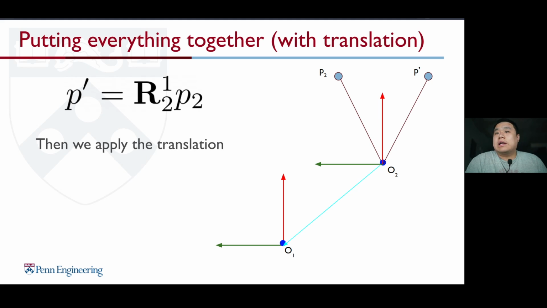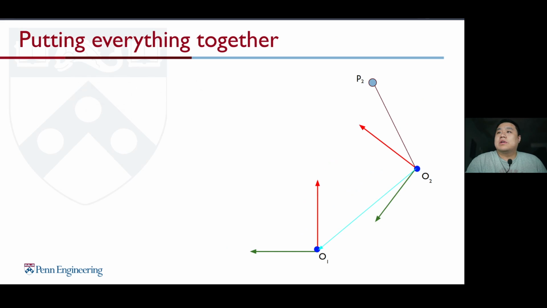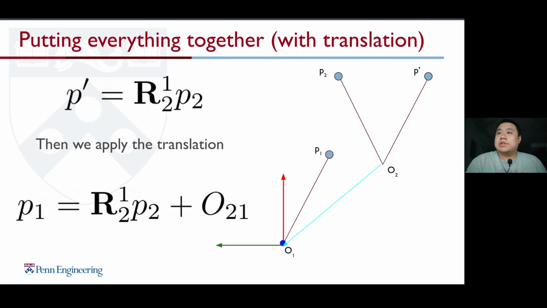And then we apply the translation, which is basically we're moving the frame so that the two frames coincide with each other, and p' is moved to the position of p1 as we see here. And it's exactly the rotated vector, plus the vector O2O1, which is the vector from O2 to O1.